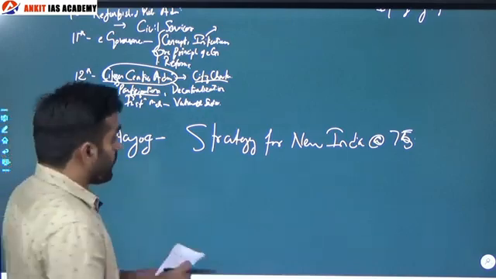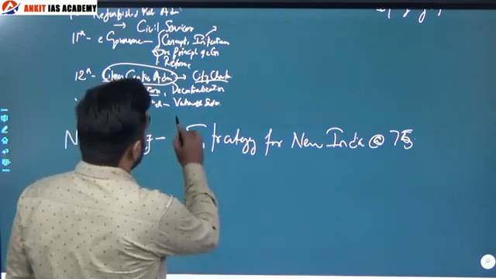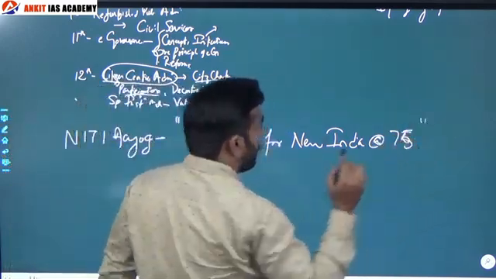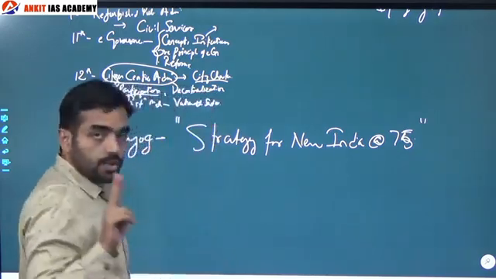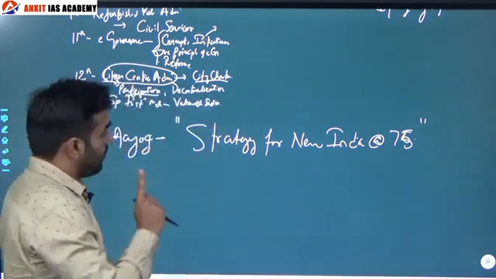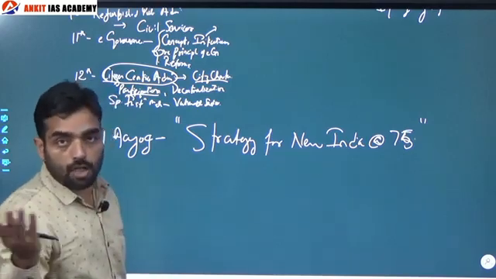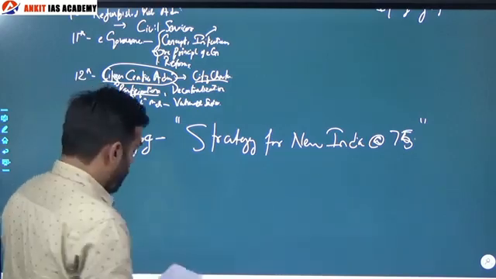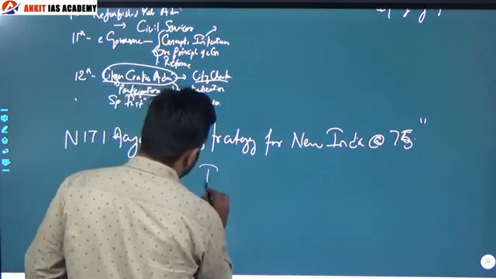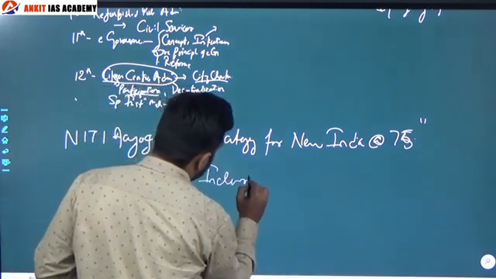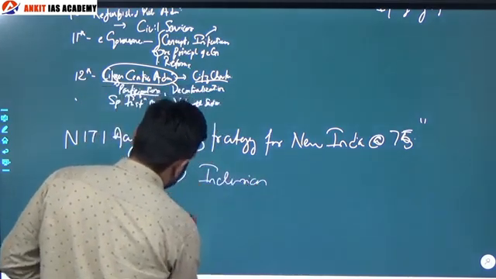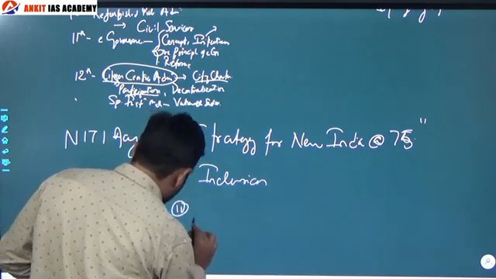So in this report, you'll find 4 sections, but only 2 sections are important for the social justice and governance part. The rest can be important for your economy, that is GS3. This is inclusion. First, second is governance.